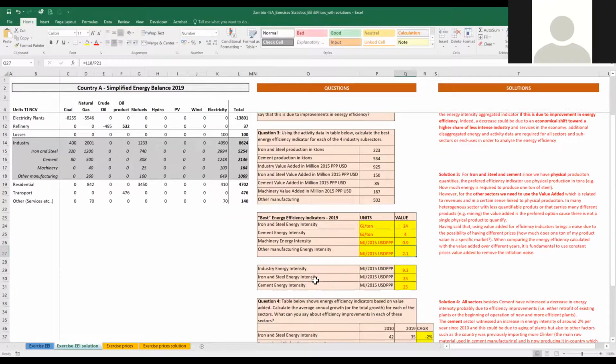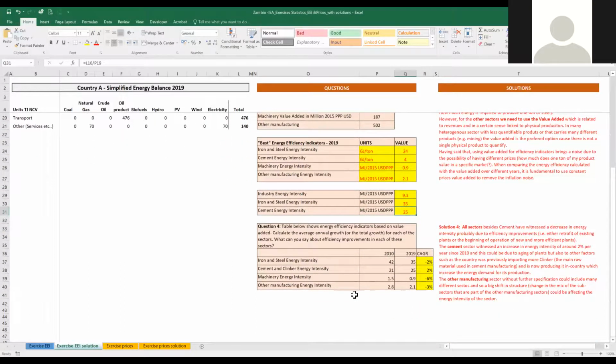Same for industry, iron and steel, and cement. For total industry, you take your total industry consumption and divide it by your value added. Same for iron and steel energy intensity, where you're already given the unit, which is per value added. You calculate the same thing, and same for cement.